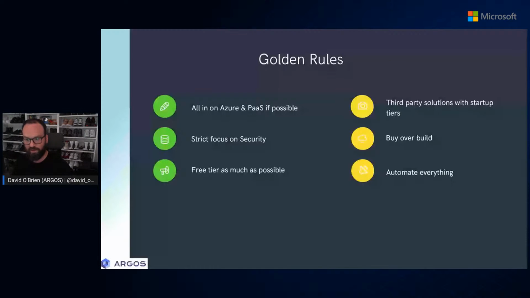As a security product, it needed to have a strict focus on security, which really meant to us, again, PaaS: push most of these concerns over to Microsoft, our cloud provider, because arguably, at an infrastructure level, they're probably a lot better at securing certain things than we would be.